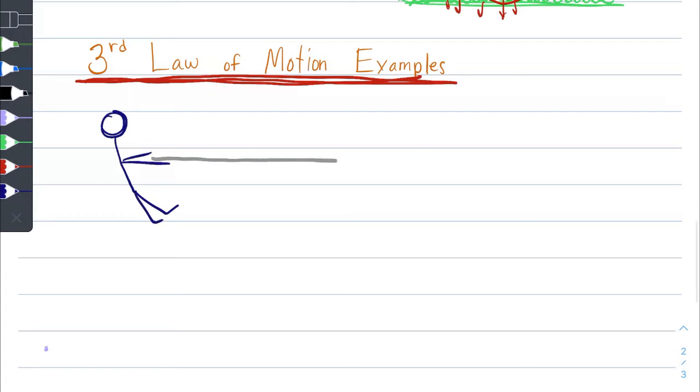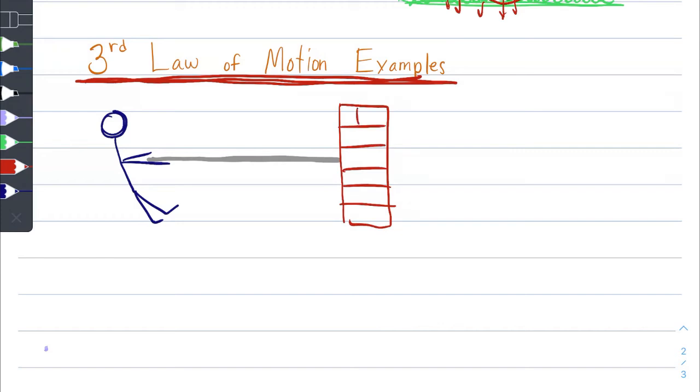Here's our rope, and let's say the rope is attached to a brick wall. When this person is pulling on the rope, they are applying a force to the rope in the manner of a pull. They're pulling in this direction, and let's say that they are pulling with 500 newtons.